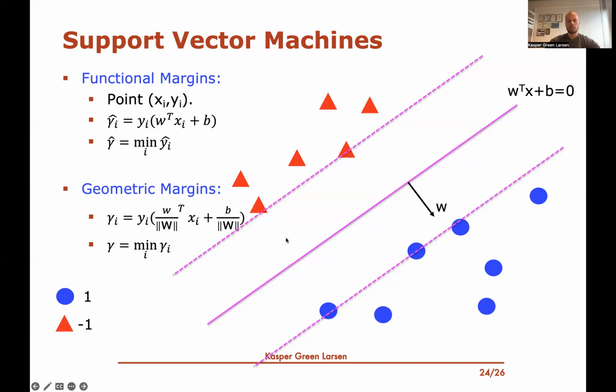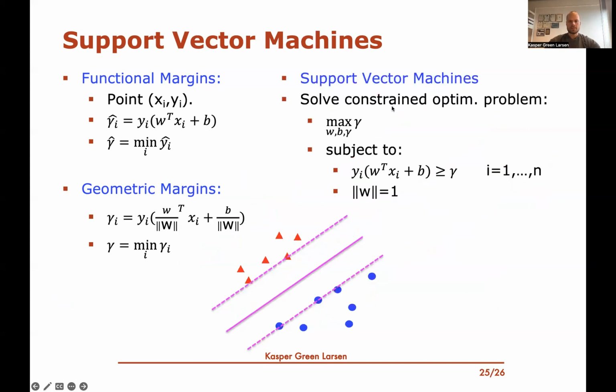So it's the minimum over all the points that we want to maximize. And the nice thing is that this is scale invariant with respect to the scalings of W and B. If you upscale W and B by a factor of 2, then the norm of W is also upscaled by a factor of 2, so the norms cancel it out. So this notion of geometric margins is really scale invariant, which is what we like.